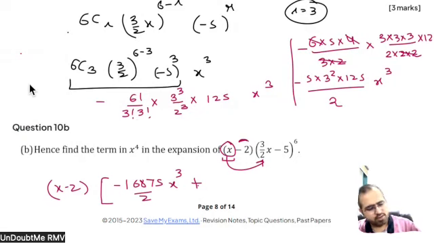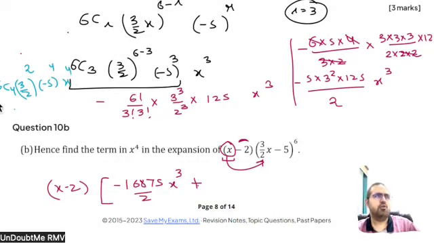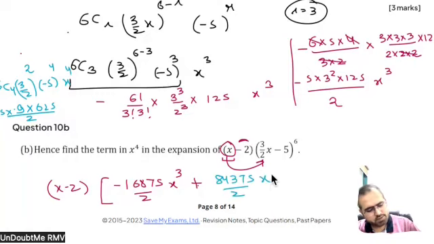So when you put r is equal to 4 in this, 6C4, 3 by 2 to the power 6 minus 4, that is 2, minus 5 to the power 4, x to the power 4. 6, 5 are 30 over 2, 15. So that is 84375 by 2 x to the power 4.